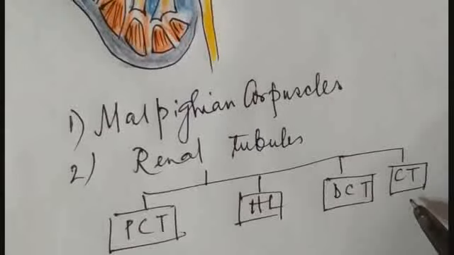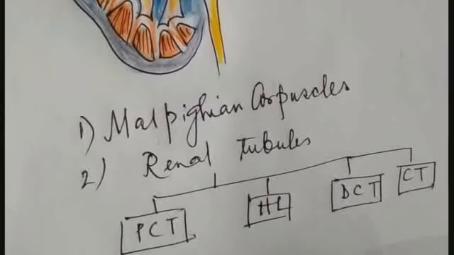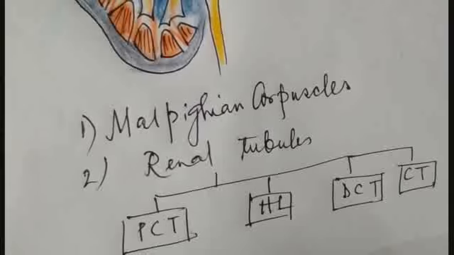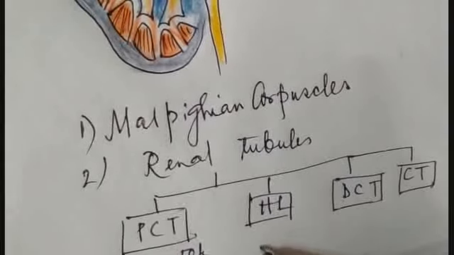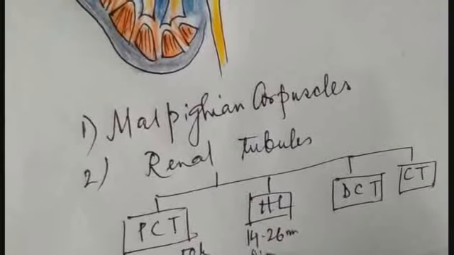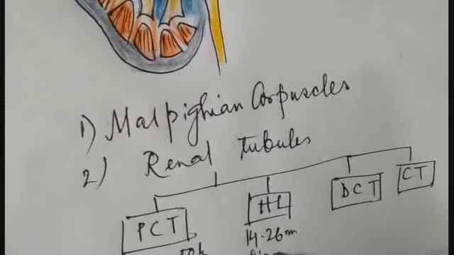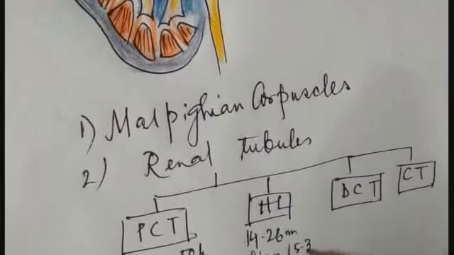The length of the PCT is 20 millimeters and the diameter is 50 micron. The length of Henle's loop is 14 to 26 millimeters and the diameter is about 15 to 30 micron.